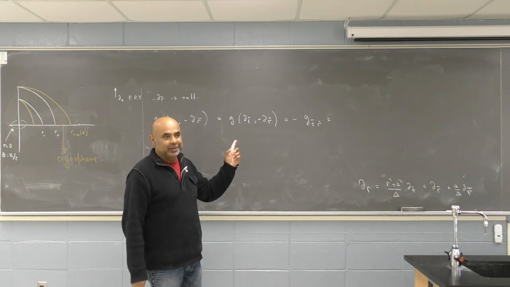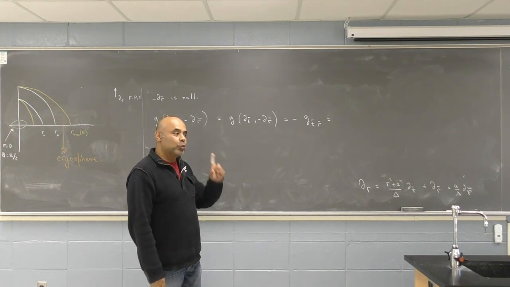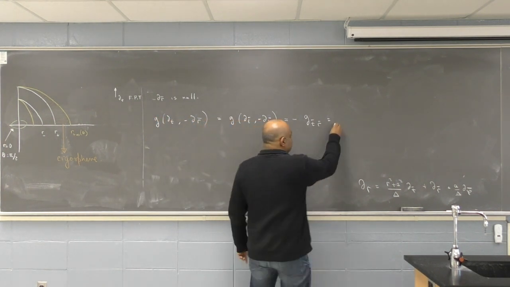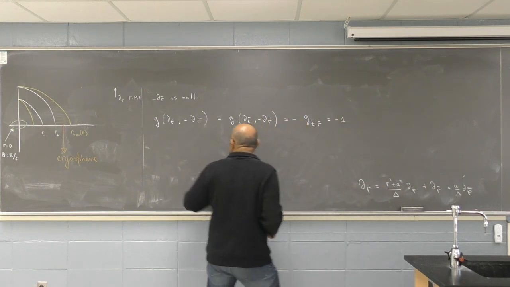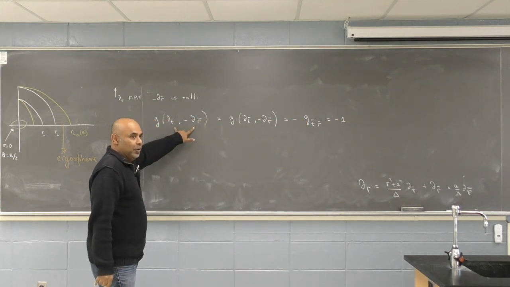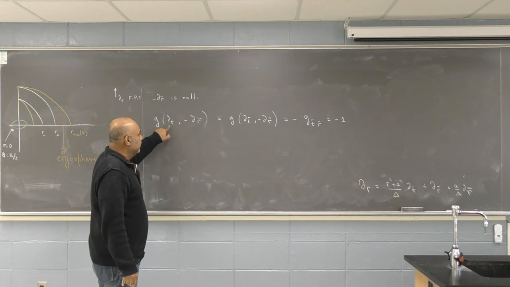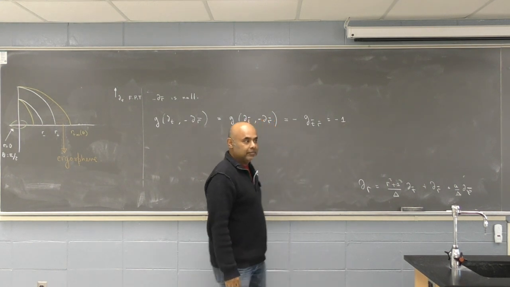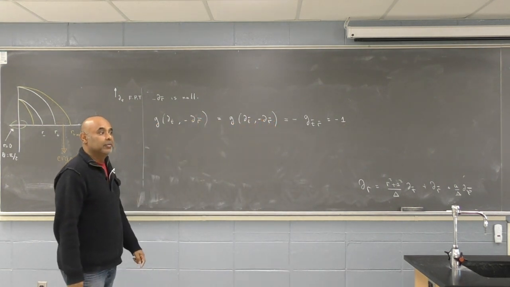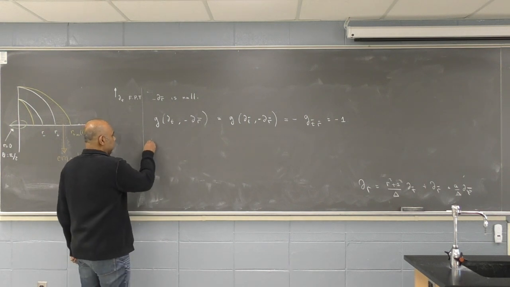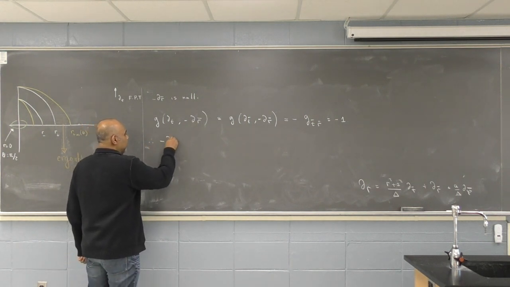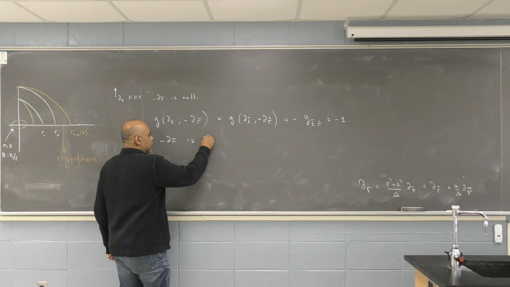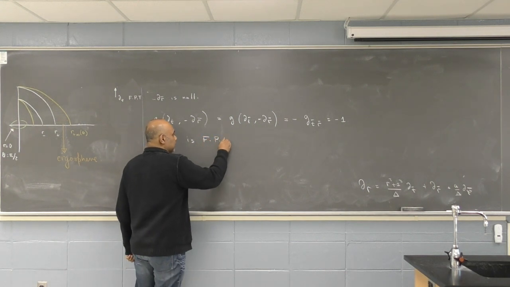If you look at the t bar r bar term, it's 1. So this is minus 1. If you have a null vector whose inner product with the future pointing time-like vector is negative, what can you conclude? It is future pointing. Therefore, minus dd r bar is future pointing null.